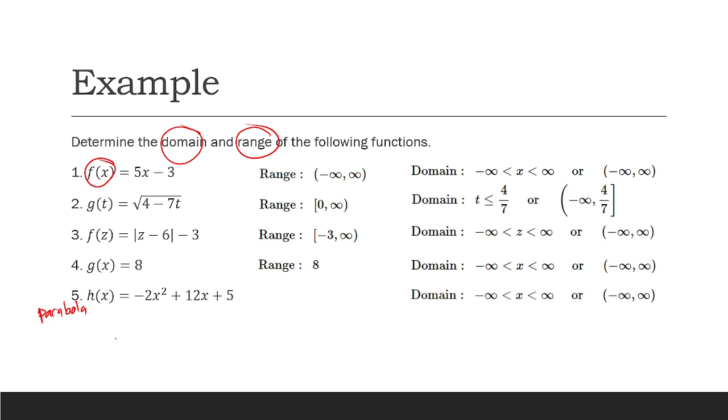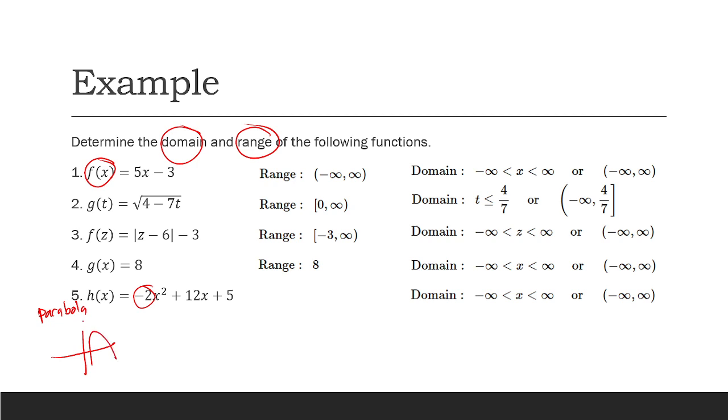And the parabola's shape depends on where it opens. In this case, the coefficient of x squared is negative 2. So that means our parabola will open downward. Therefore, if we visualize the graph, it will look something like this.